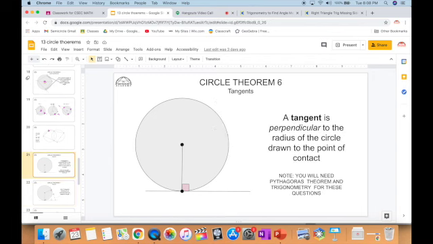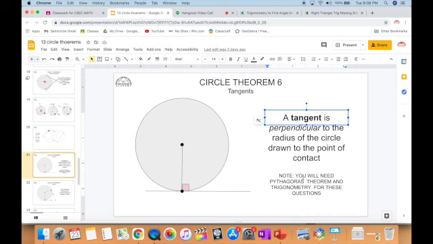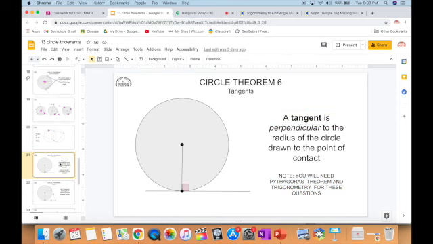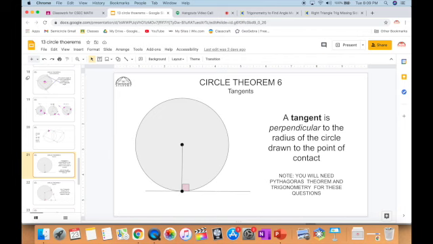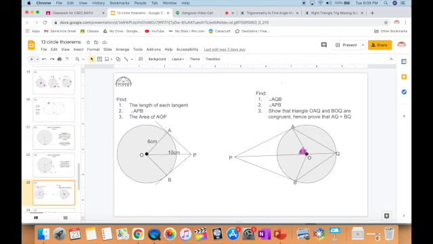From Theorem 6 is where we're dealing with tangents. And for these questions, note, you will need Pythagoras theorem and trigonometry. So on Saturday, we will also be looking at these circle theory questions that have to do with tangents. So the questions after Theorem 6.